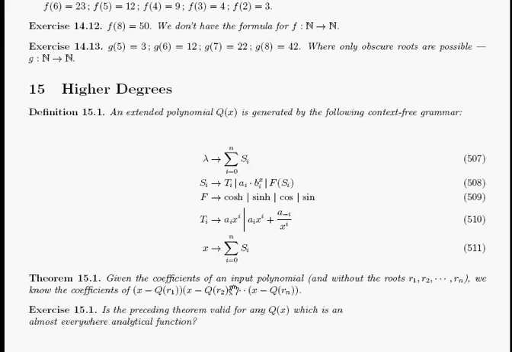Given the coefficients of an input polynomial and without the roots, we know the coefficients of x minus q of R1, x minus q of R2, x minus q of Rn. Okay? A family of coefficients.